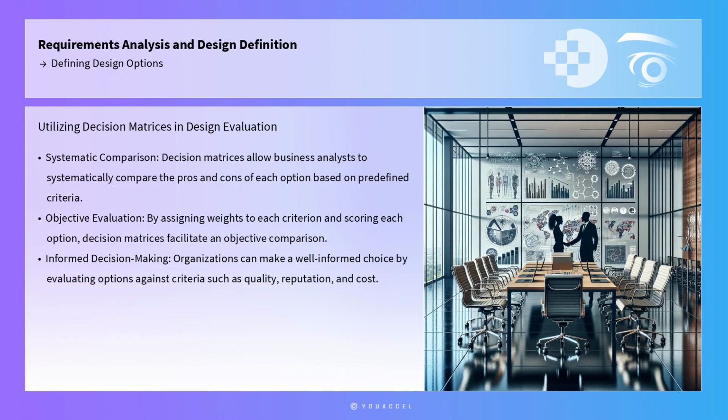By assigning weights to each criterion and scoring each option accordingly, decision matrices facilitate an objective comparison and help in selecting the most suitable design option. For example, when selecting a vendor for a new project, criteria might include quality of service, reputation, cost, and flexibility. By evaluating each vendor against these criteria, the organization can make a well-informed choice.